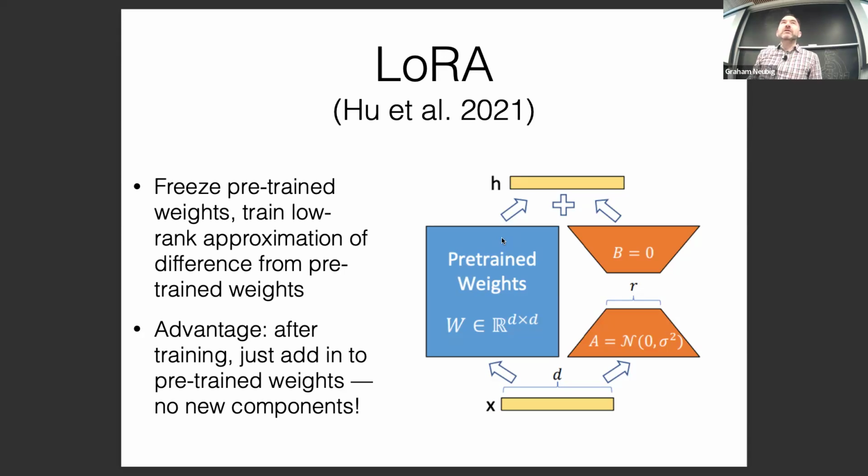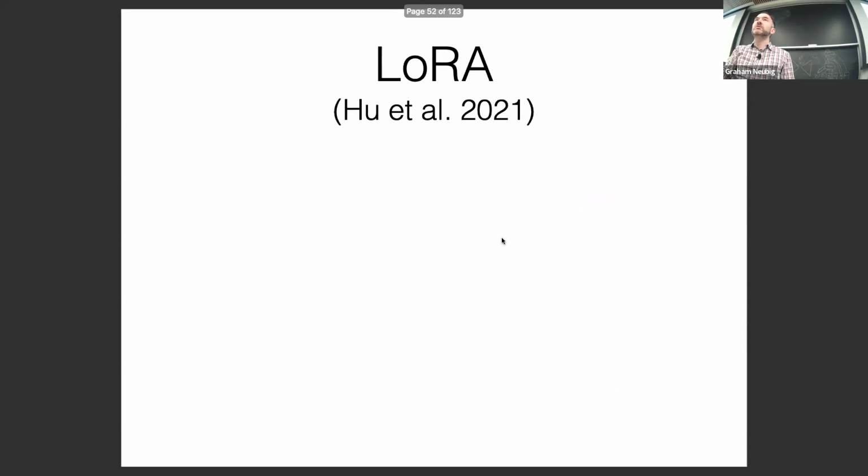So why is LoRA so popular? I would say LoRA is so popular because it's super convenient after you finish training with LoRA. After you finish training, you can just add the learned matrices back into the original weight matrix, and you have a model that's exactly the same shape. It doesn't have any other components. You don't need any different code path. You just have updated parameters.